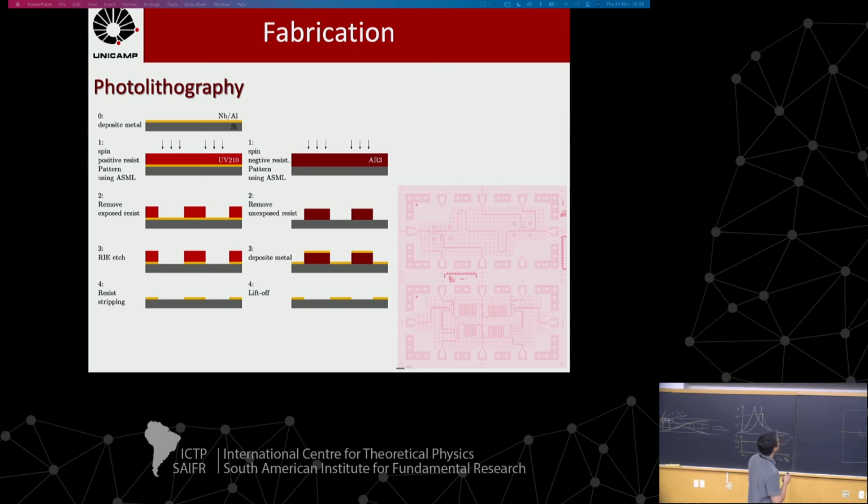Okay. In this example here, I have a capacitor, that's my mirror here. I have another mirror in this small region here. And this small curve here is my cavity. Okay? And then I put a qubit here, another qubit here.